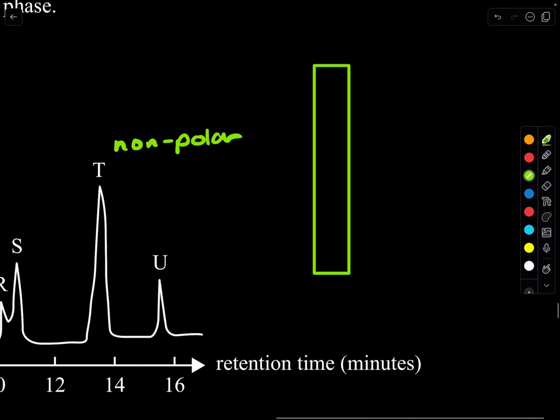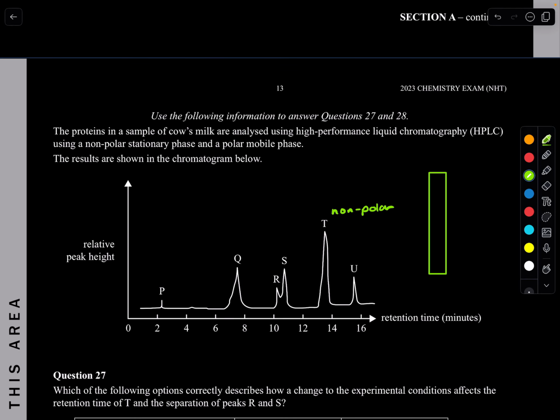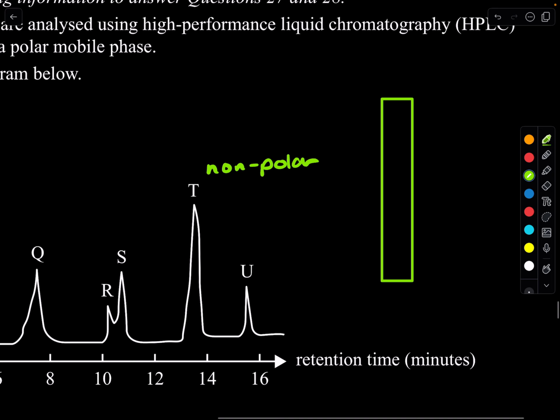The stationary phase is non-polar. So imagine T. Because it's also non-polar, it likes to bond with that stationary phase.